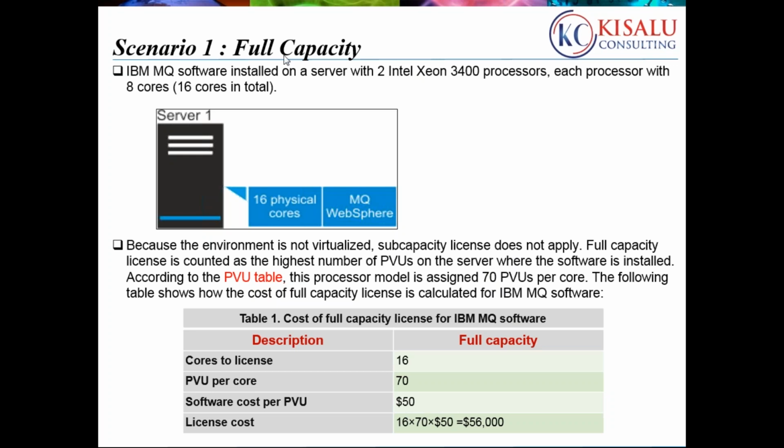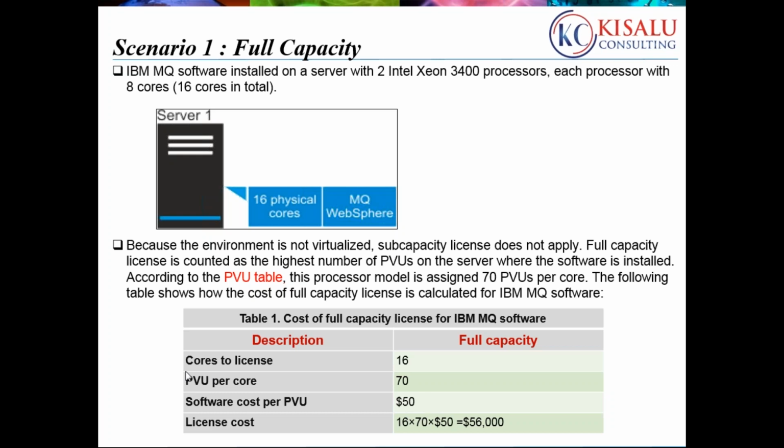Because in this situation we're talking about full capacity, we will license the full machine, which has 16 cores, and we will pick up from the table.